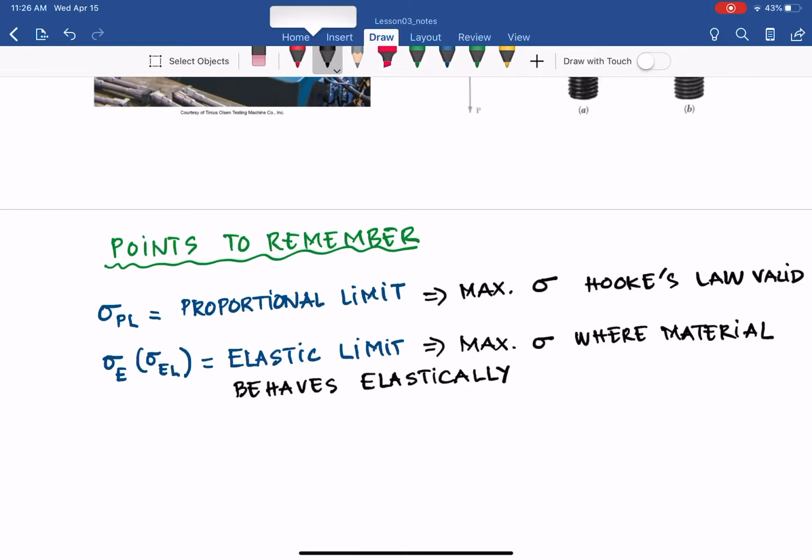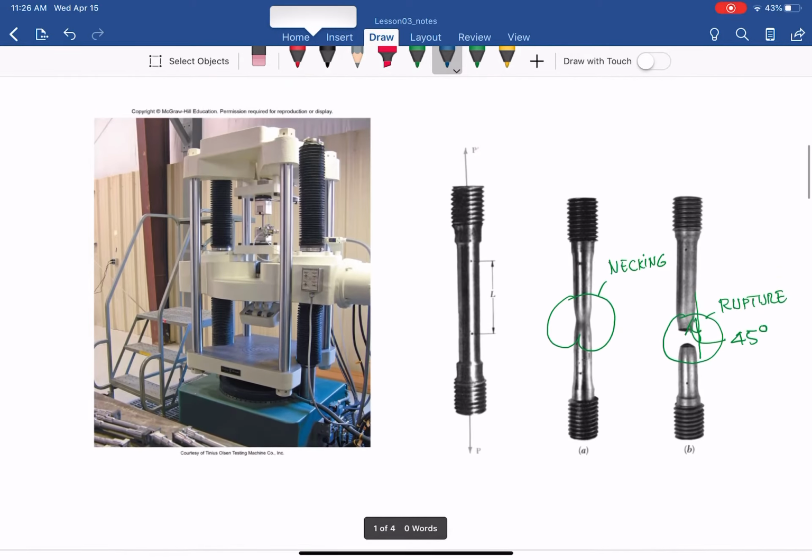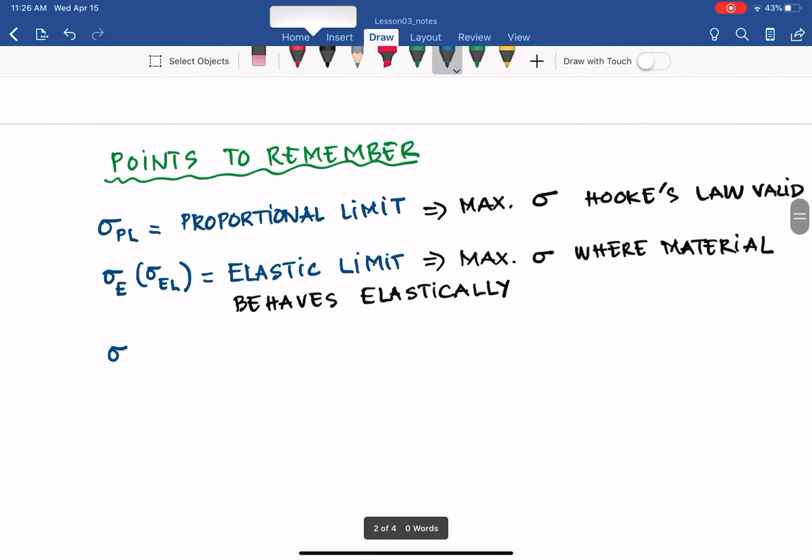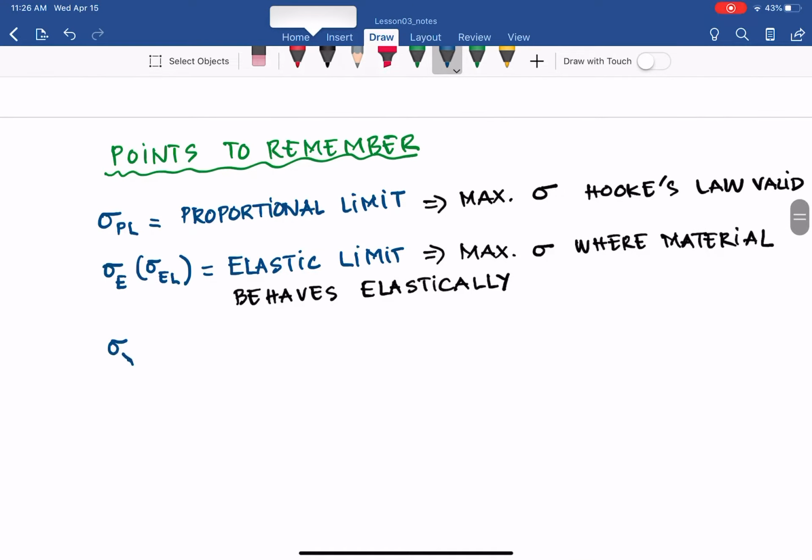And then we have sigma yield, right? Yielding. When the material starts yielding, sigma y in there. Sigma yield, or yield stress.